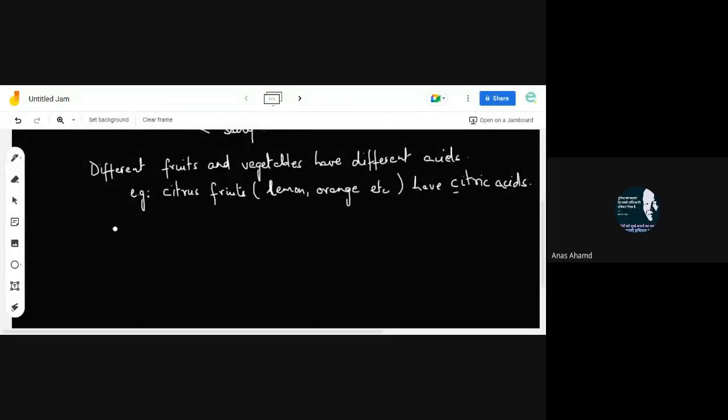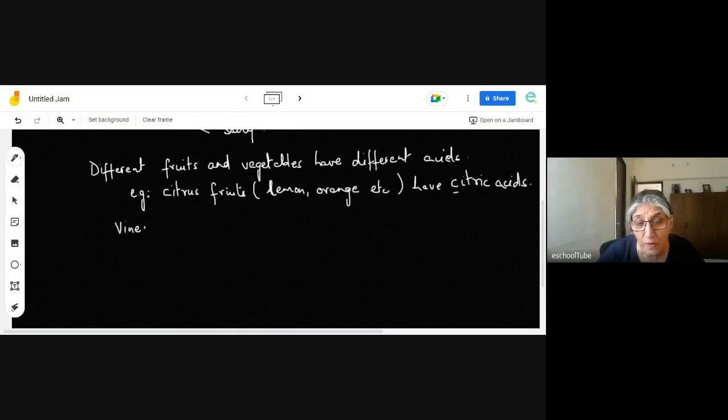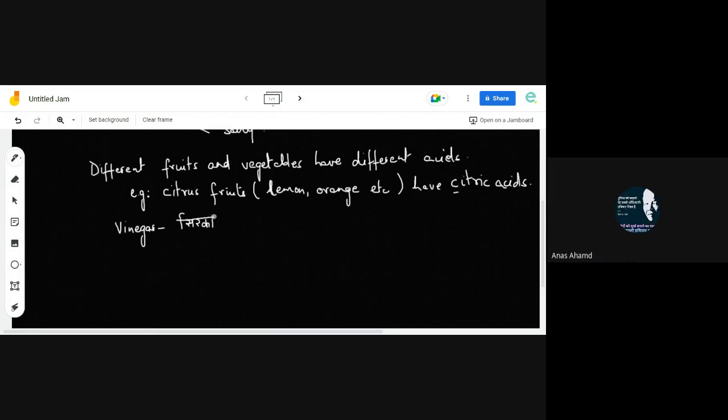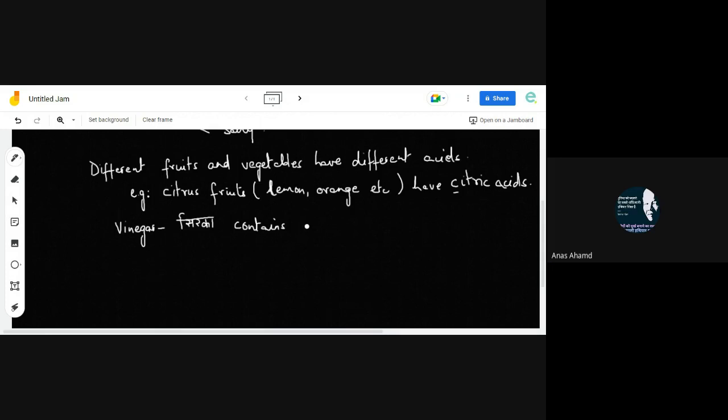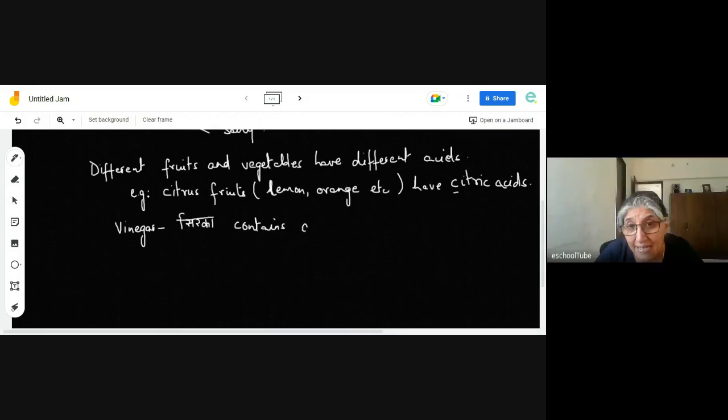Ma'am, vinegar is a liquid. Yes. So vinegar is basically sirka. Khatta hota hai. It looks like water, white like water. So vinegar contains which acid? Acetic acid.